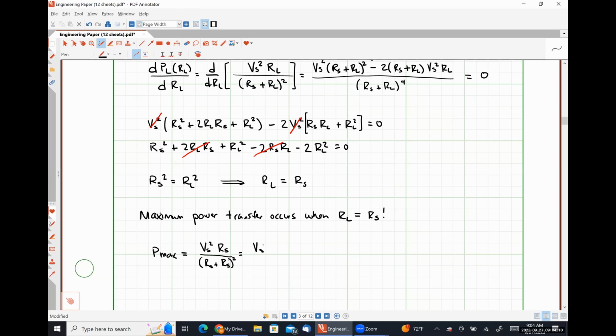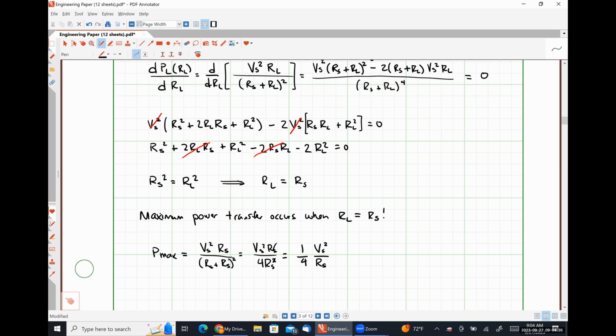So that's going to look like Vs squared Rs over 4 Rs squared, which looks like 1/4 Vs squared divided by Rs. So this is the maximum power that can be delivered by a practical voltage source.